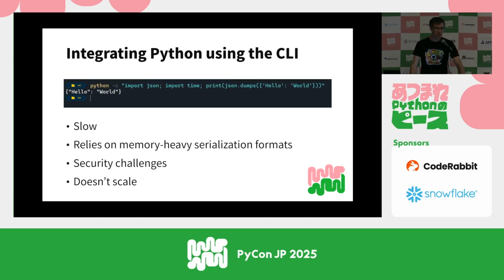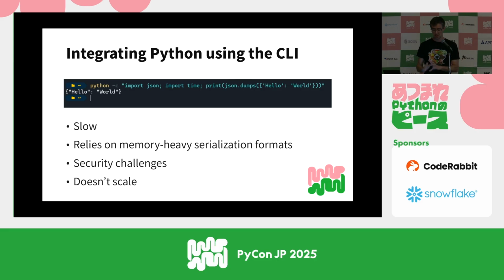So there's some ways you could do this. This is a really crude way to import Python. You could just run Python on the command line, get it to call your library, run the function, and then just dump like a JSON output and send it out. And then you could read that and take that into your process, and then basically that's your integration into Python. So this is actually a terrible idea, but lots of people do this.